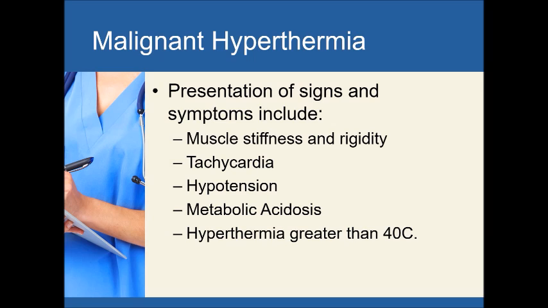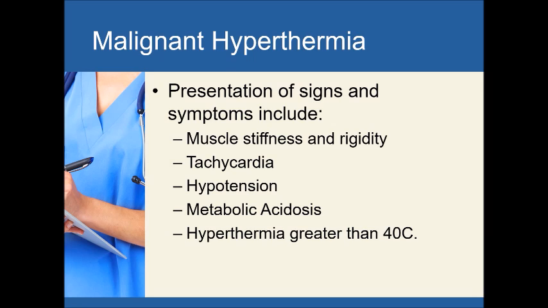So you have higher metabolism with the same amount of oxygen. When this happens, there isn't enough oxygen to supply aerobic metabolism, so the body goes into anaerobic metabolism. Anaerobic metabolism produces lactic acid and leads to acidosis. And of course, hyperthermia, temperature greater than 40, so patients do become quite hot.